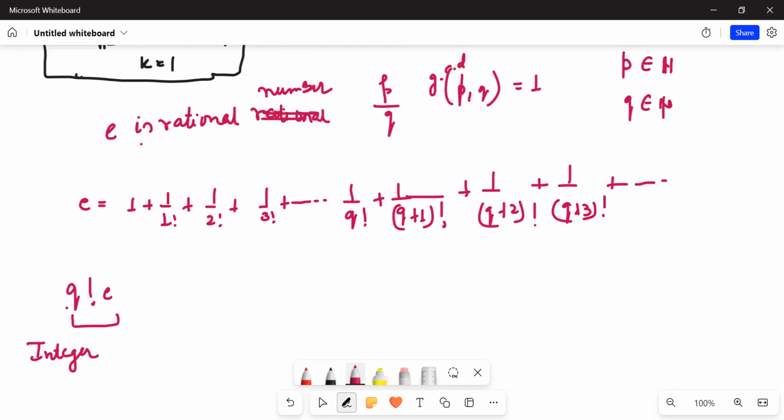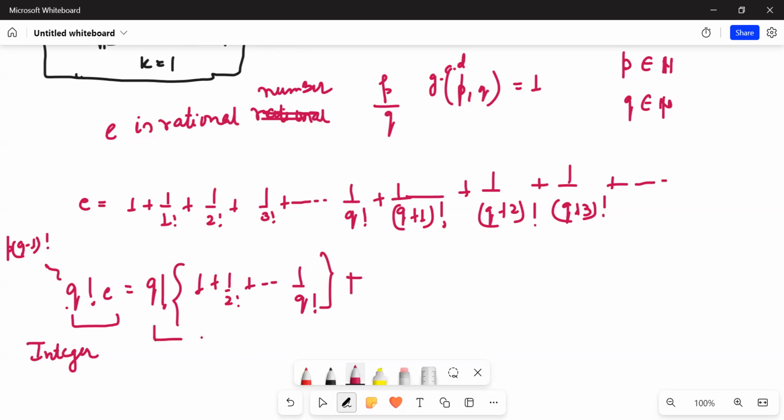Clearly, Q factorial times e: Q cancels, you'll have (Q minus 1) factorial times e, and e is P upon Q, so Q cancels Q, and you will have P times (Q minus 1) factorial. Indeed, it is an integer. And here also, Q factorial multiplied to 1 plus 1 upon 2 factorial, up to 1 upon Q factorial, is also an integer.